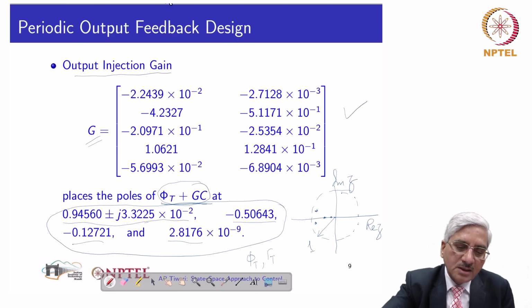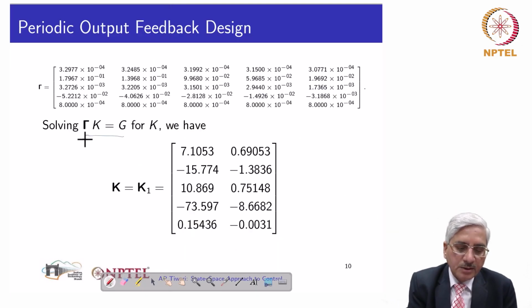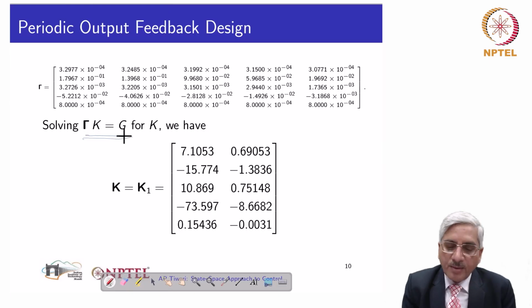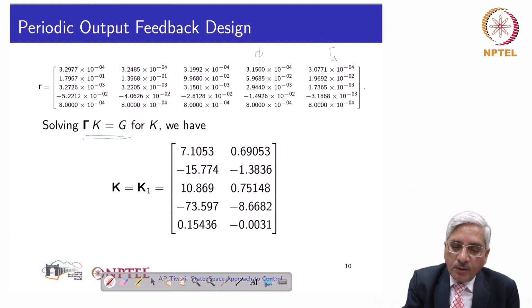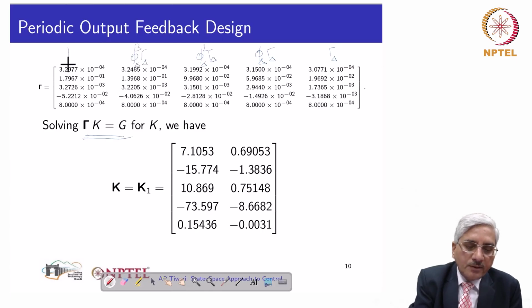Now once G is there, the next exercise is very simple. We have to solve gamma k equal to G, and this gamma, please recall, is built from gamma delta, phi delta gamma delta, phi delta square gamma delta, phi delta cube gamma delta, and phi delta power 4 gamma delta.